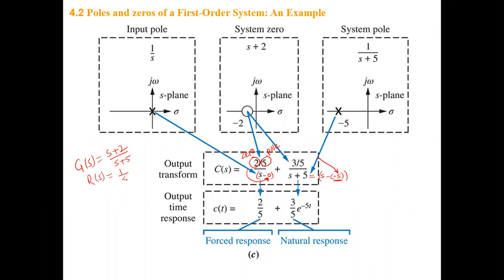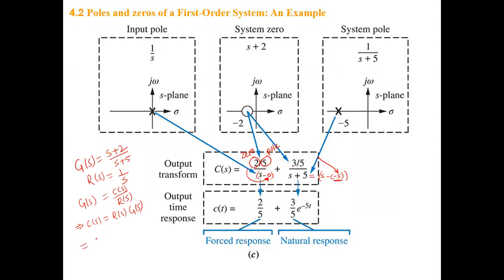A step function can be represented by 1 over s, right? Then what is your C(s)? We know G(s) is C(s) over R(s), right? So this implies C(s) equals R(s) G(s), right?